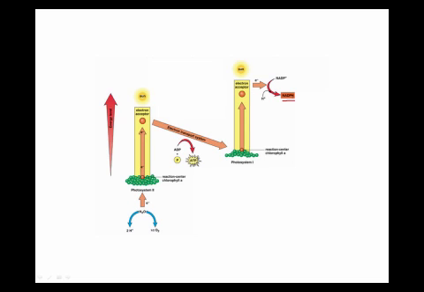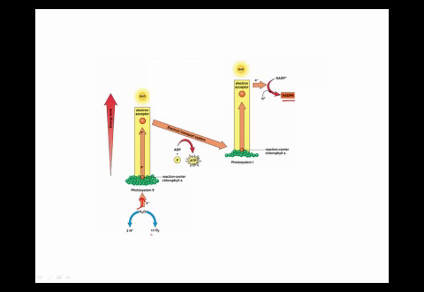The electron has to be replaced. That electron that was excited and ejected from photosystem 2 has to be replaced, and so water molecules are constantly being split, and one of the electrons from the splitting of water is going to replace the ejected electron in photosystem 2.